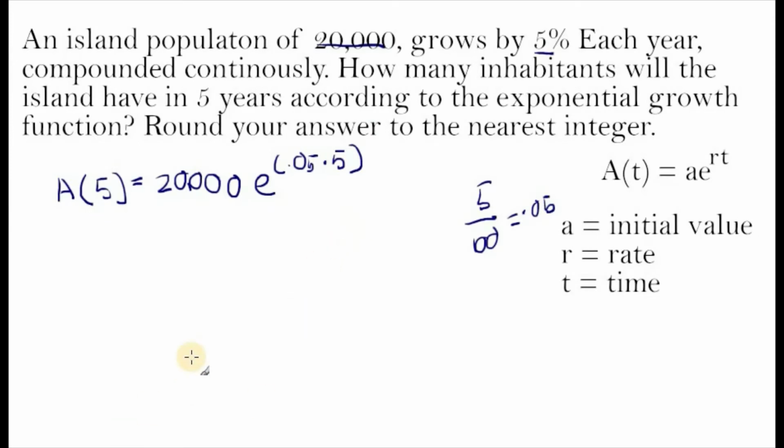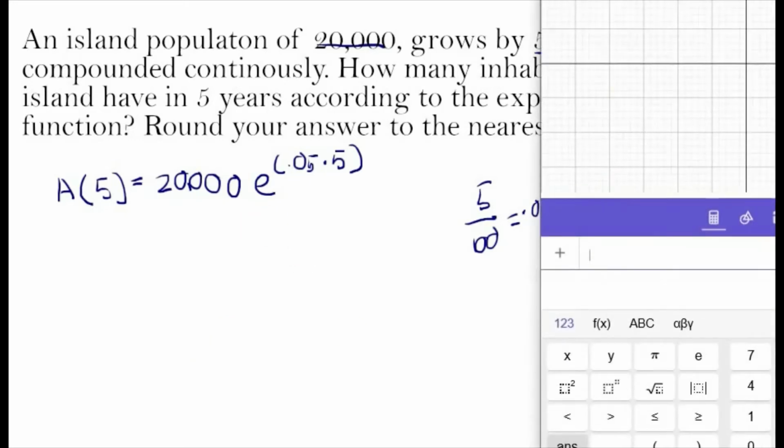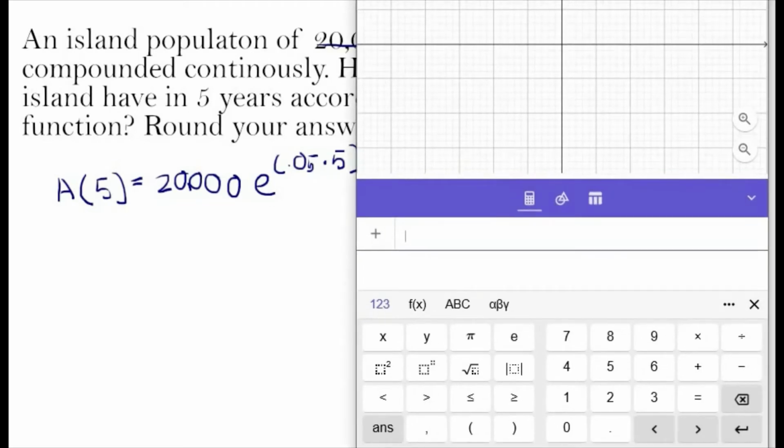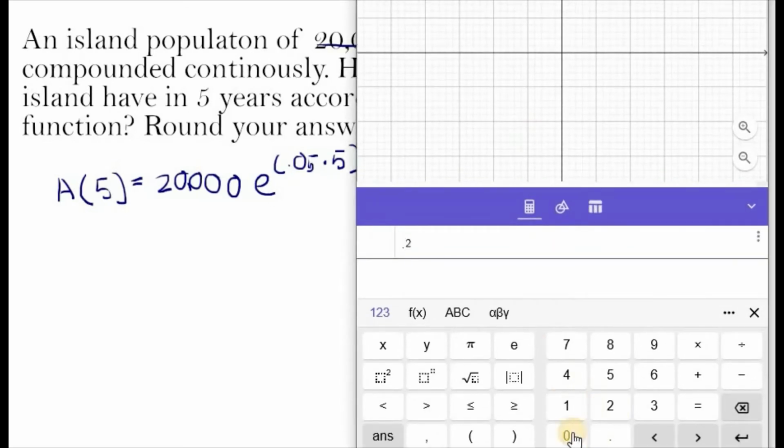Now, you're going to take this equation and plug it into a calculator. You're going to need 20000 for 20,000.